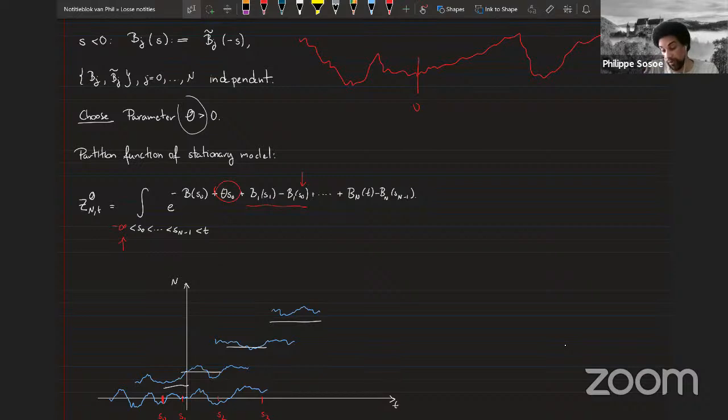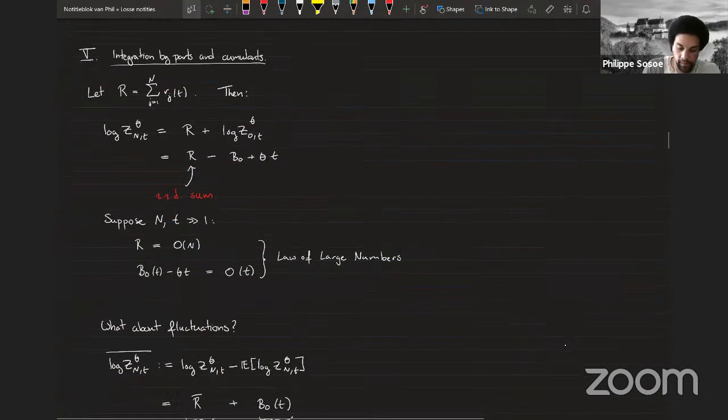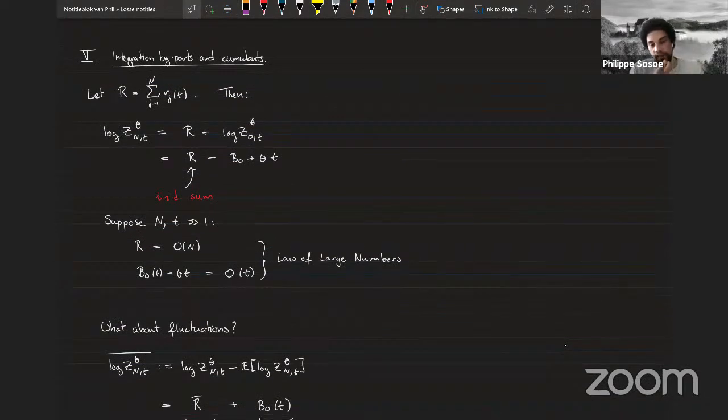My claim for this lecture, the takeaway message, is that thanks to this method of Balázs, Cator, Seppäläinen, this stationarity is sufficient to get, at least today we'll talk about the upper bound, to show that the fluctuations are at most of order n to the 2/3. And then in the coming lectures, we'll talk about how far you can go from there, also for other models.